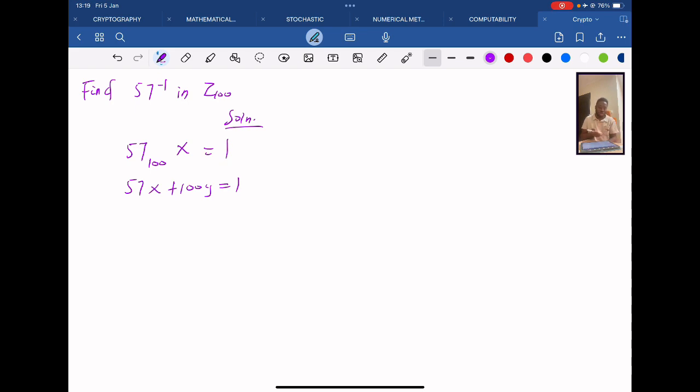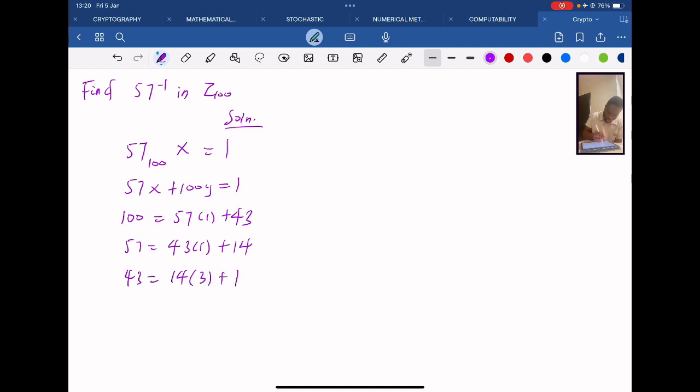So in solving this equation, we have to find the GCD. In finding the GCD, we use the Euclidean algorithm. That is 100 is equal to 57 times 1 plus 43. Then 57 is equal to 43 times 1 plus 14. 43 is equal to 14 times 3 plus 1.